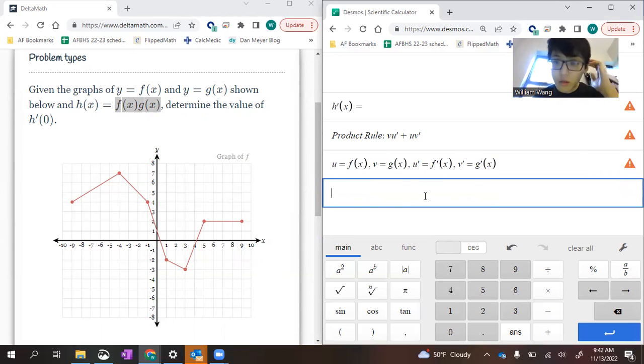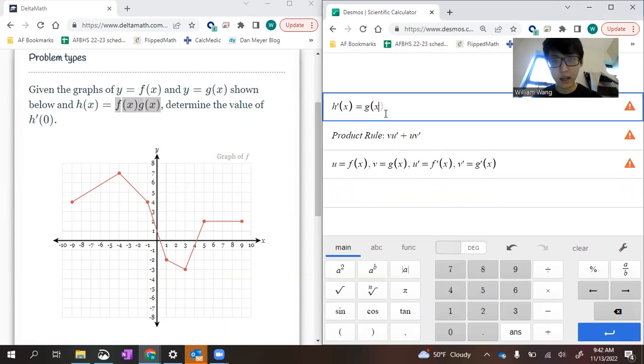Excellent. So I found my u, v, u prime, v prime. Now let's just plug it into my product rule. So it's vu prime, so it's going to be g of x, f prime of x, plus uv prime. So plus f of x, g prime of x. All right, so this is my official derivative right here.